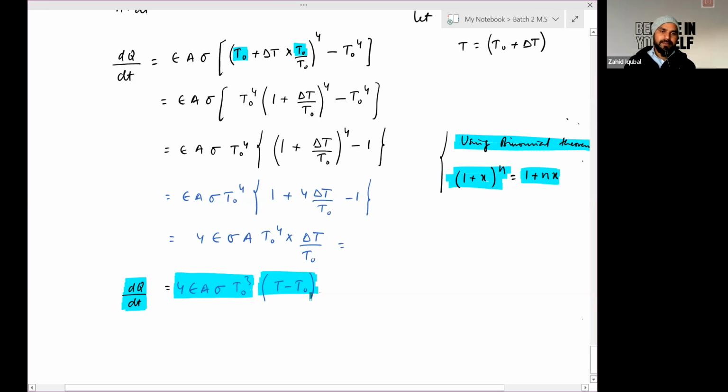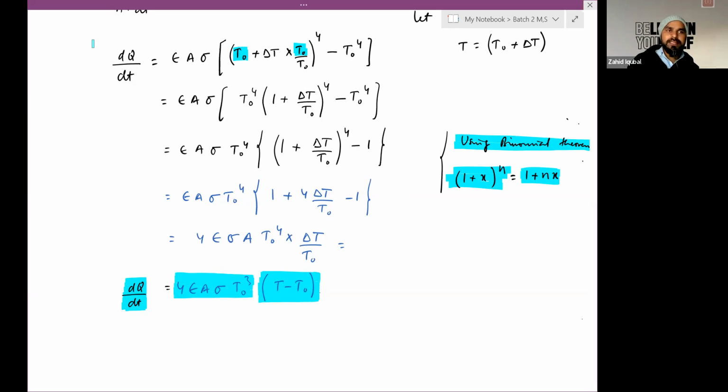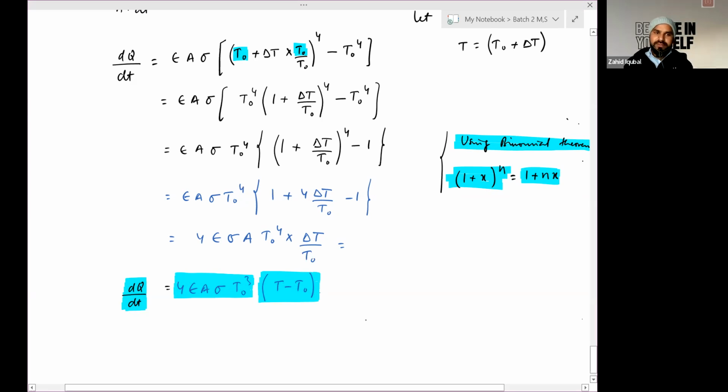So we can say the rate of cooling or rate of heat lost by a hot body when it is placed in a cold surrounding is directly proportional to the temperature difference of body and surrounding. This is rate of heat lost, this is any constant, and this is temperature difference between body and surrounding.